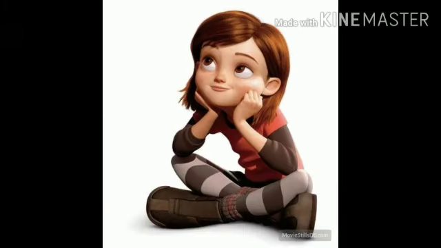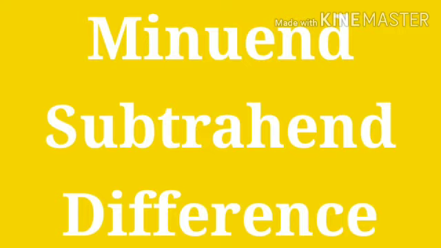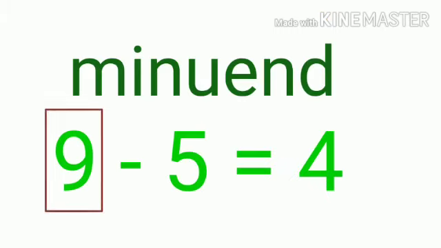Students, there are few terms that we use for numbers in subtraction, and these are minuend, subtrahend, and difference. The number from which the other number is subtracted is called minuend.